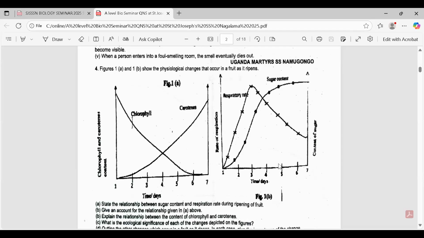Okay. Now, if they ask for explaining without them asking you to describe, you describe and then you explain. There you earn the marks. Okay? You describe, then you explain. Meaning there are marks on description before you explain.